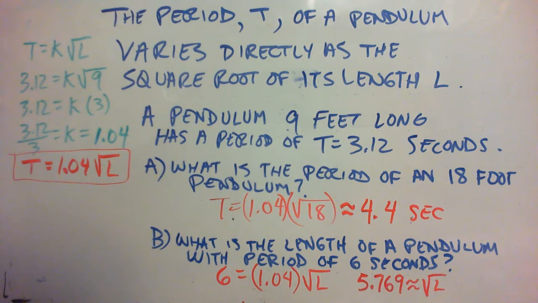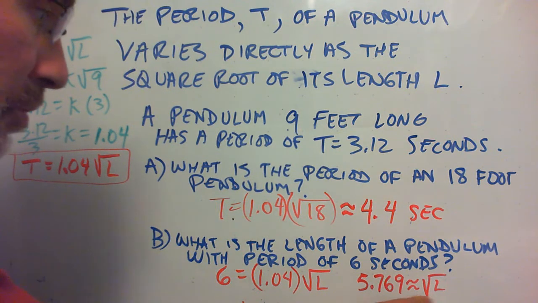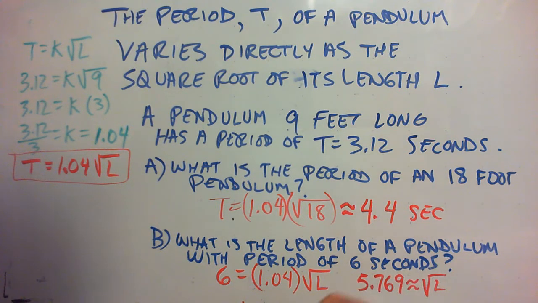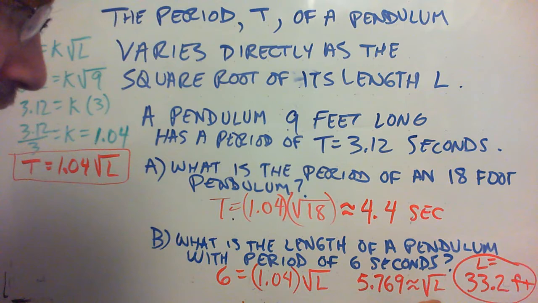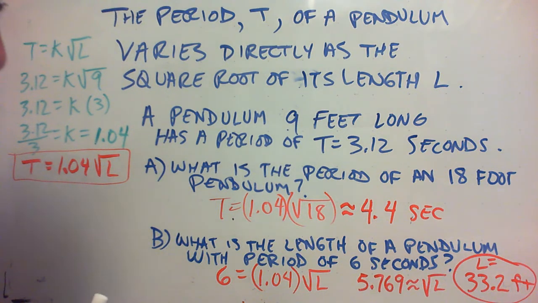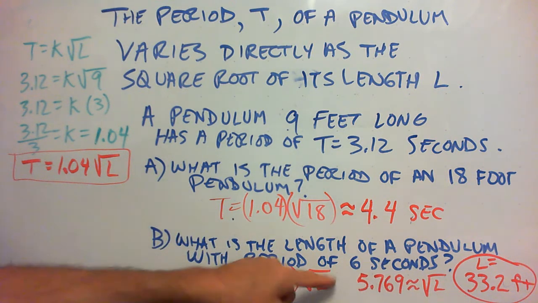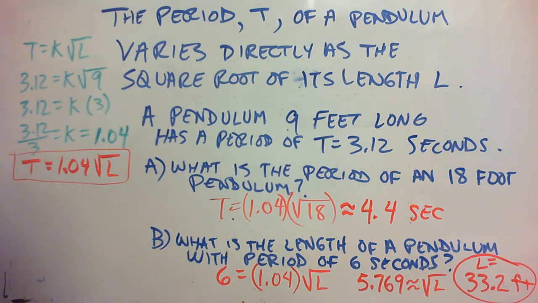We get 5.769 equals the square root of L. Well, to get L, we square both sides. And here, when I square both sides using the 5.769, I get 33.2 feet for the length. So it's quite a bit longer length to give you that period of 6 seconds.